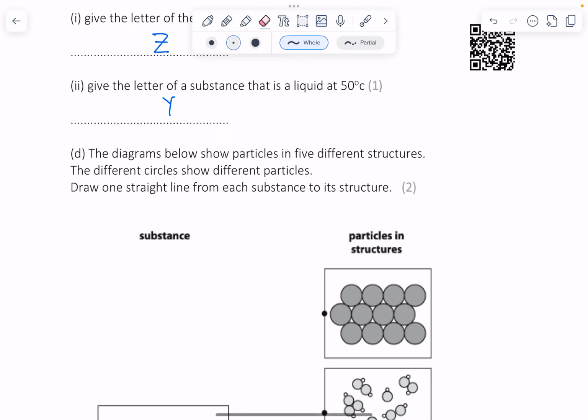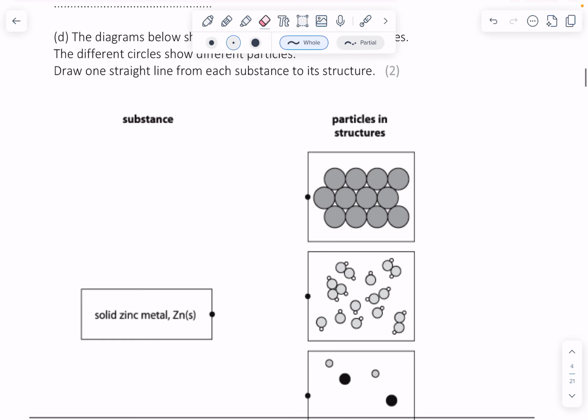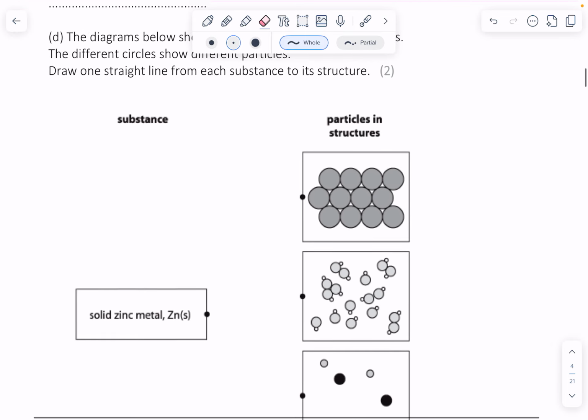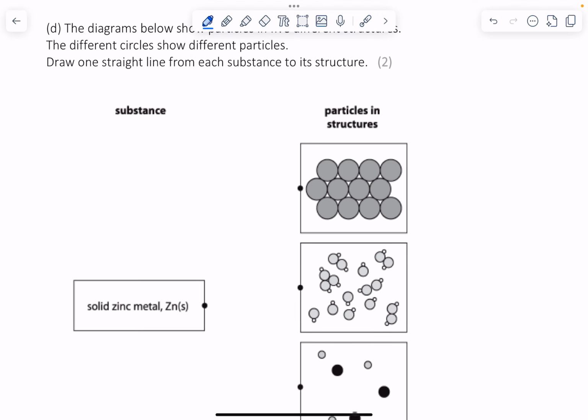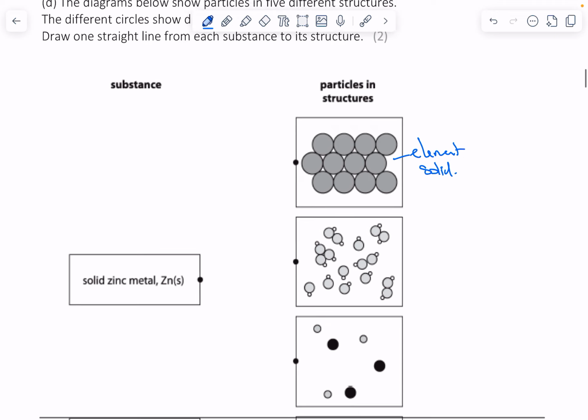Okay, next one. 4 diagrams, draw a straight line from each one. Before we look at the options, let's just remind ourselves here. So this one here is an element, all the same type of particle, and also that kind of structure is a solid object.